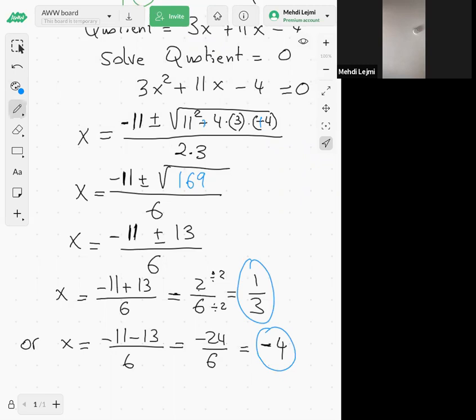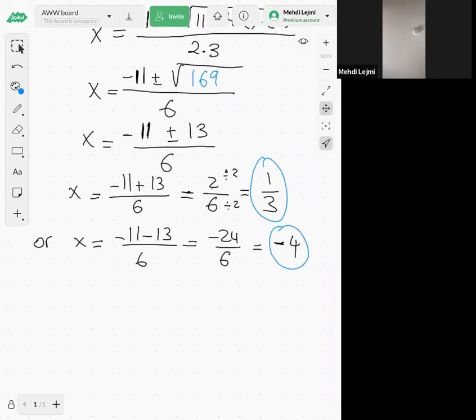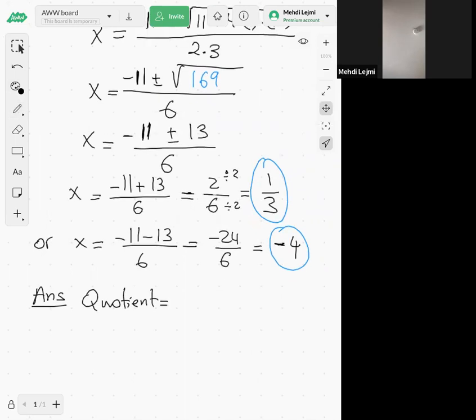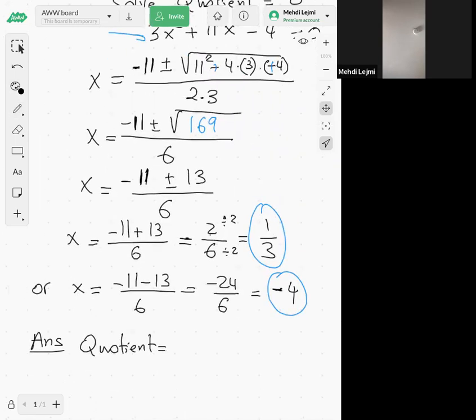Now, how am I going to factor my quotient? Well, here's the answer. So remember, guys, my quotient was 3x squared plus 11x minus 4.